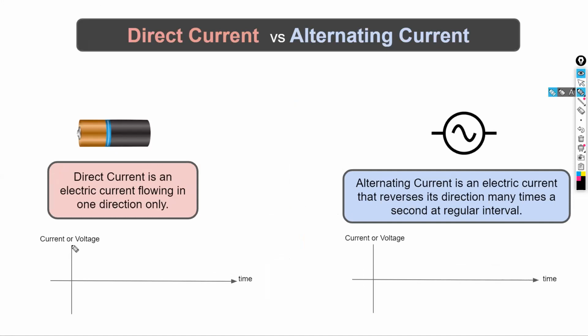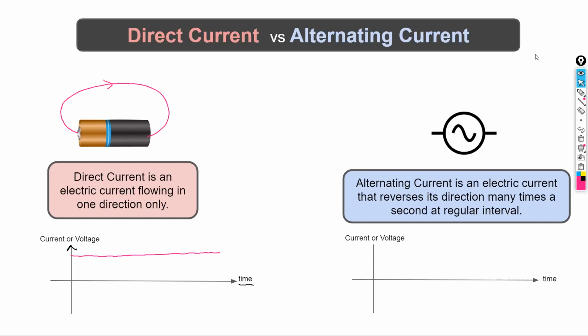So if you had to draw a graph where the y-axis is current or voltage and the x-axis is time, you have to make sure the graph stays above the x-axis. Anytime the graph is above the x-axis, that means the current is flowing in one direction, right? Like in a battery, we're talking about conventional current, the current will flow in one direction.